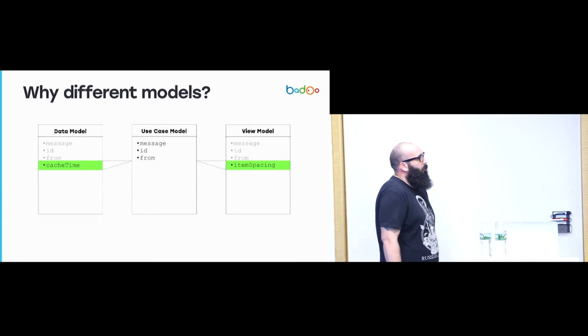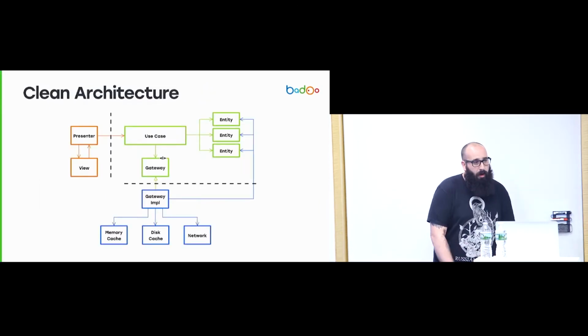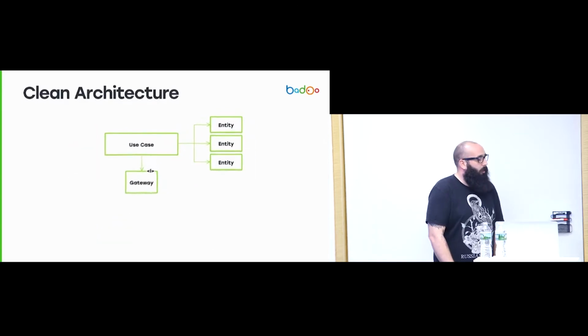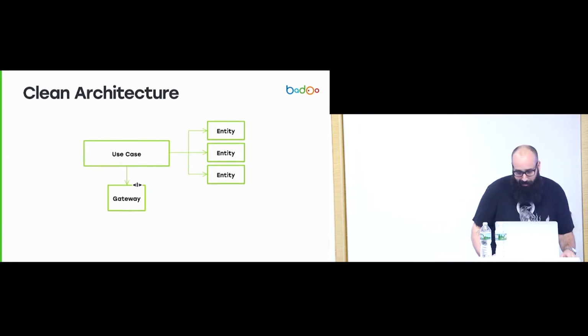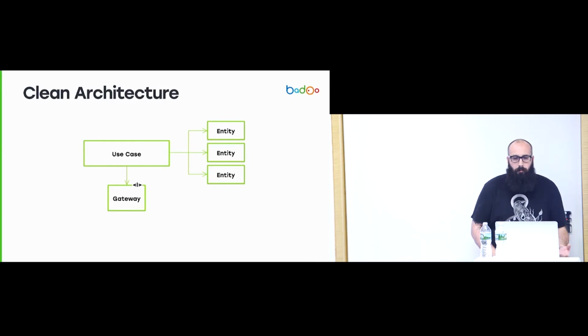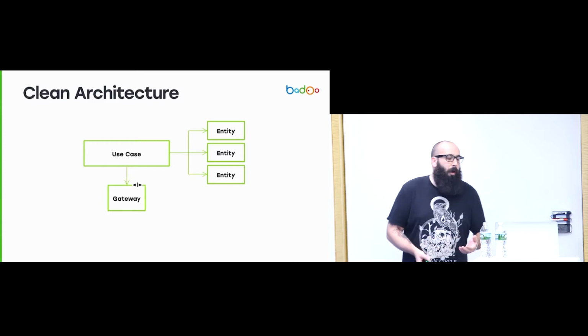So how does this all fit together? We end up with something that looks kind of like this. At the center, we have the use cases, and we have something called entities. Entities are generally going to be just simple Java models. In presentations that Uncle Bob does, he talks about entities containing enterprise business rules.